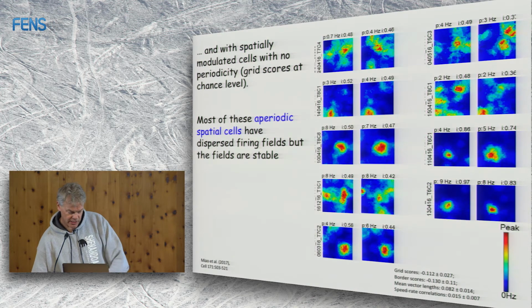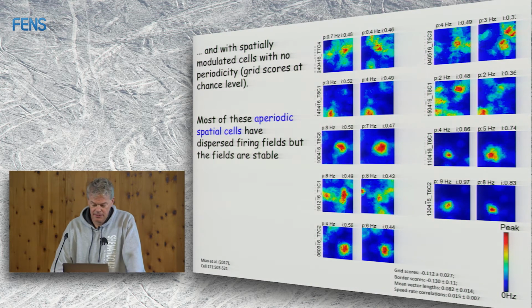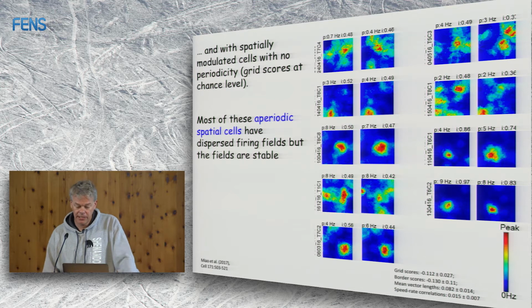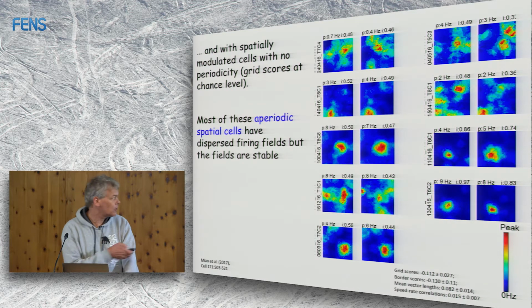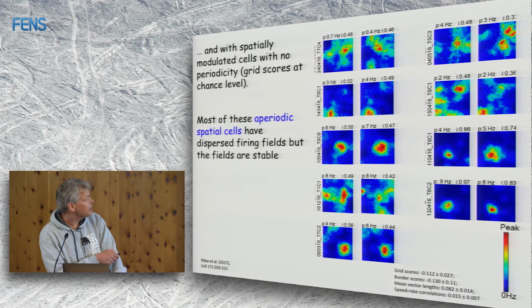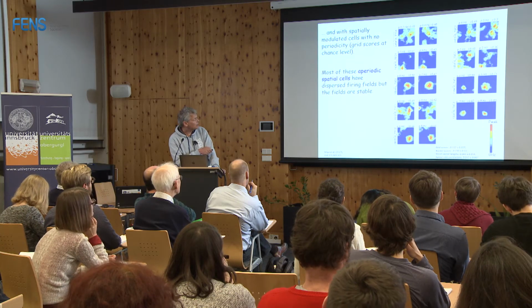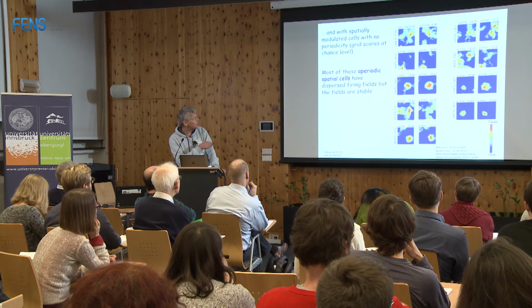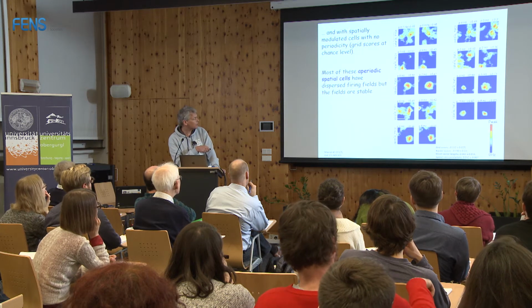And then finally, I should also mention that still within medial entorhinal cortex, there are also many cells that are spatially modulated that don't have any very striking grid pattern, and I just show 7 examples. Here you see that they are quite stable over time, so these are pairs of 2 different recordings.